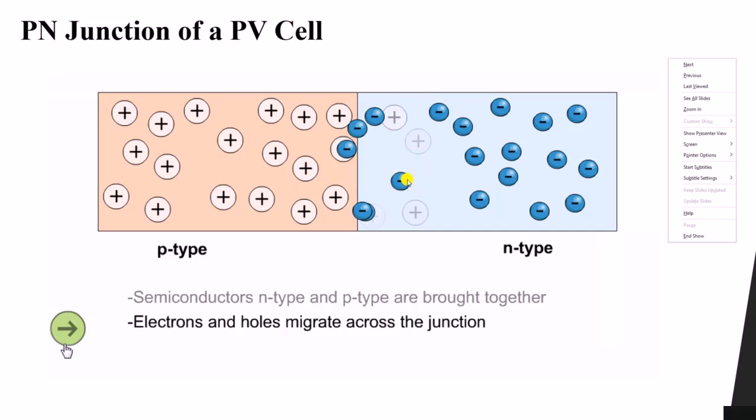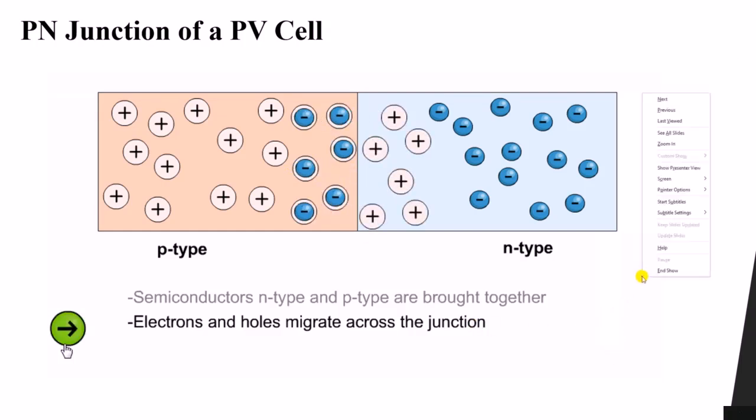The electrons will start going from here and fill these holes. When these electrons leave this part and fill these holes, we will have positive ions here, and since the electrons go there, we will have negative ions.